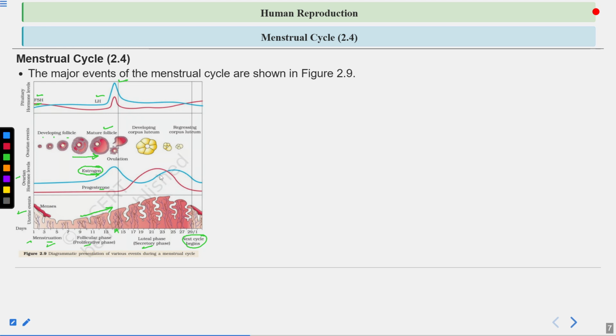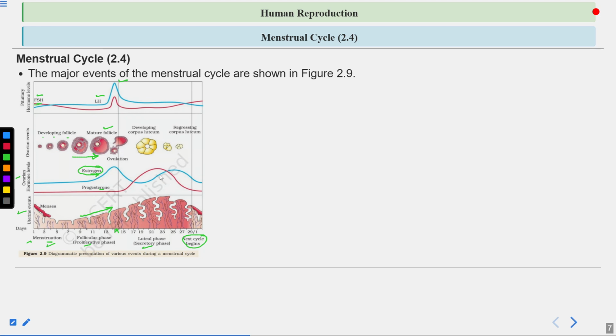So when the estrogen level is low, it will suppress FSH and LH. Why will it suppress? Initially it suppresses so that there is only a limited amount of follicular development. You can say it wants to limit the development of the follicles, so that only this many follicles develop.